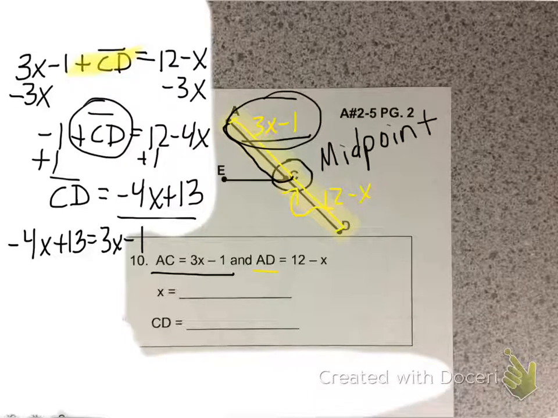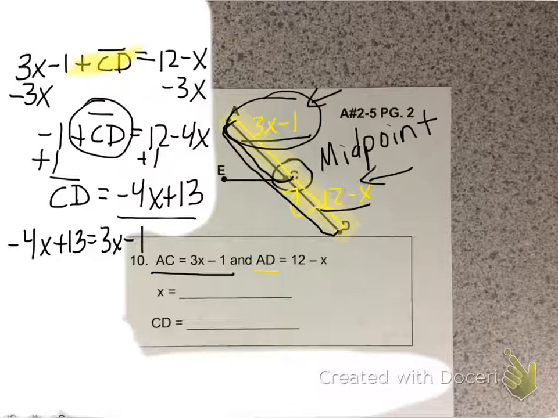I knew the length of the whole thing was 12 minus x. So this one, plus whatever this segment was that's missing here, had to equal the whole thing. So I worked through that. So CD again is negative 4x plus 13. Since that's this side here, and 3x minus 1's here, we set them equal.